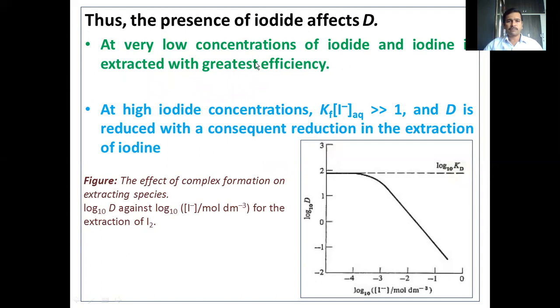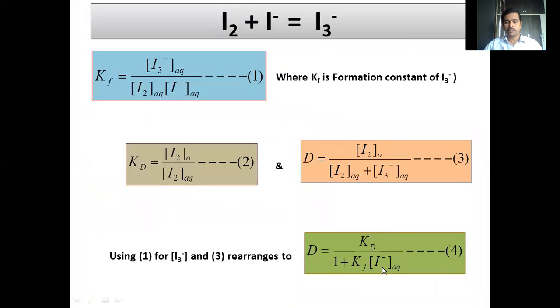If the concentration of iodide is low, iodine is extracted with the greatest efficiency. If the concentration of iodide is low, this term will become negligible. So D will be equal to Kd.